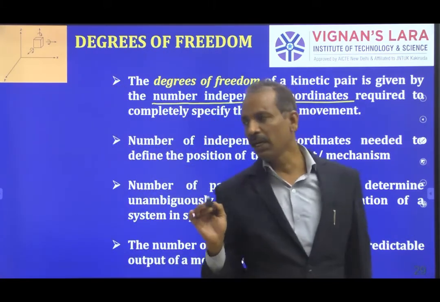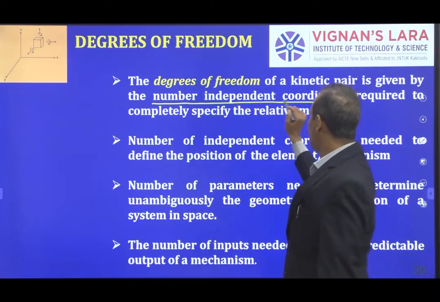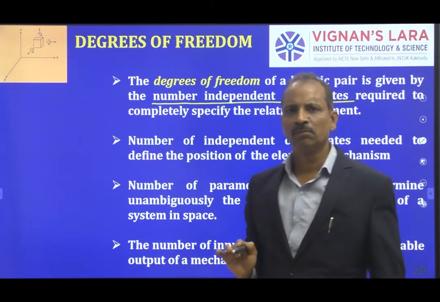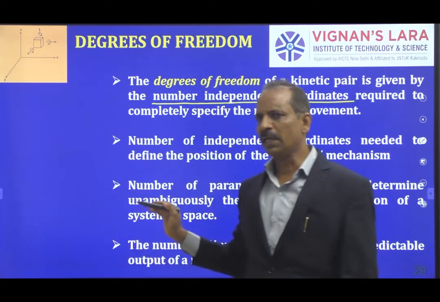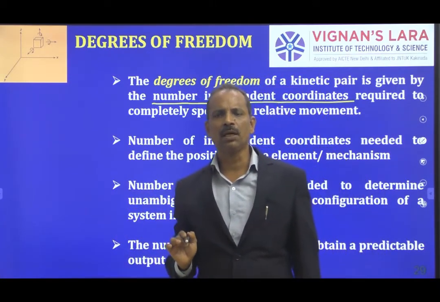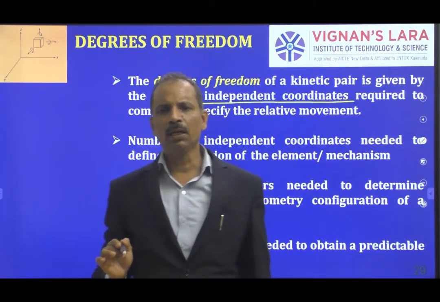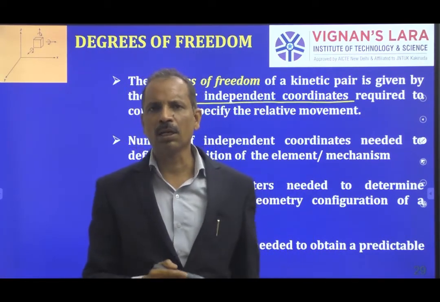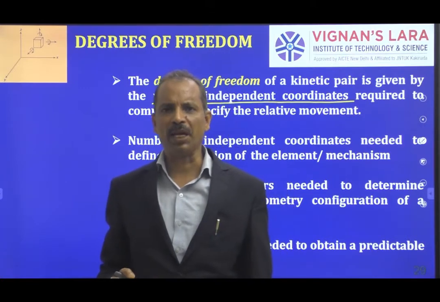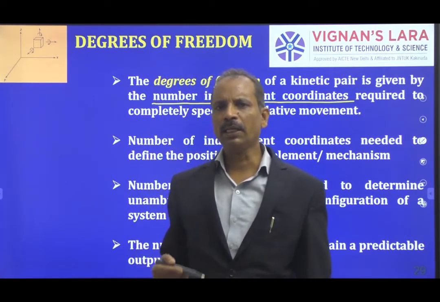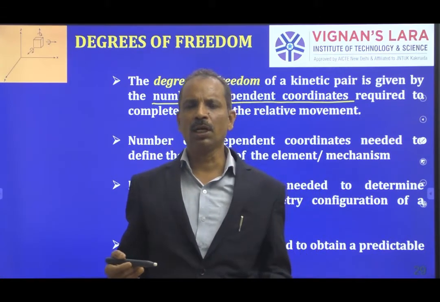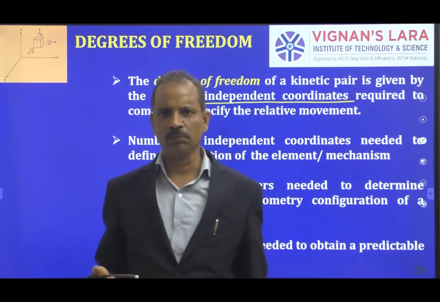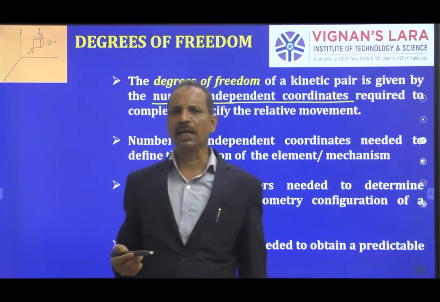Look at very clearly the word independent coordinates. Why I am stressing this very much is, yesterday we discussed one of the pairs, a screw pair, where a nut and screw have a relative motion like sliding and turning.